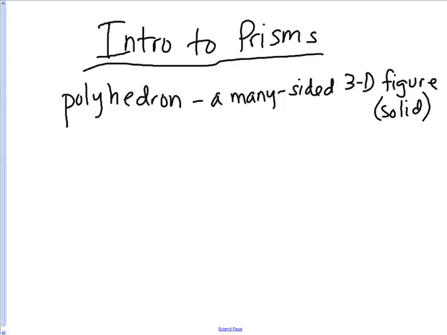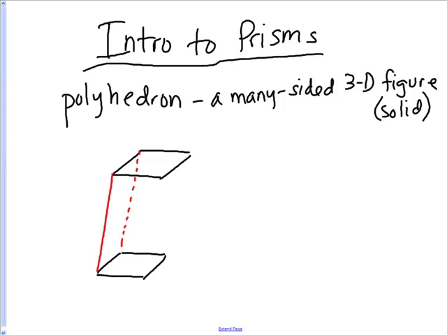So we start off with a rectangular base, and we have another rectangular base. There's our three-dimensional shape.